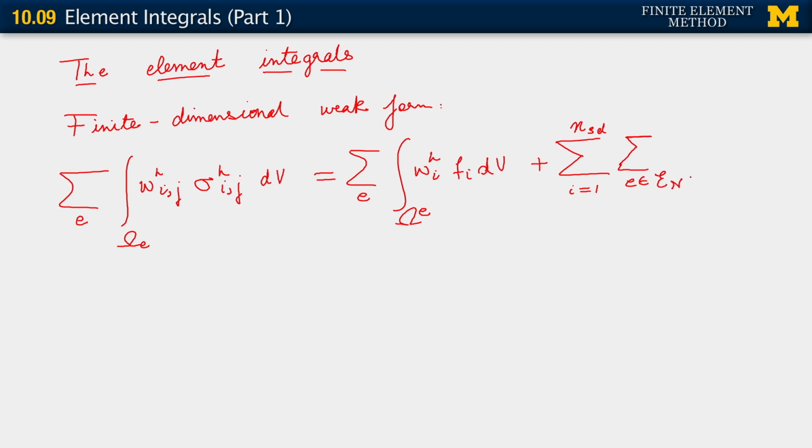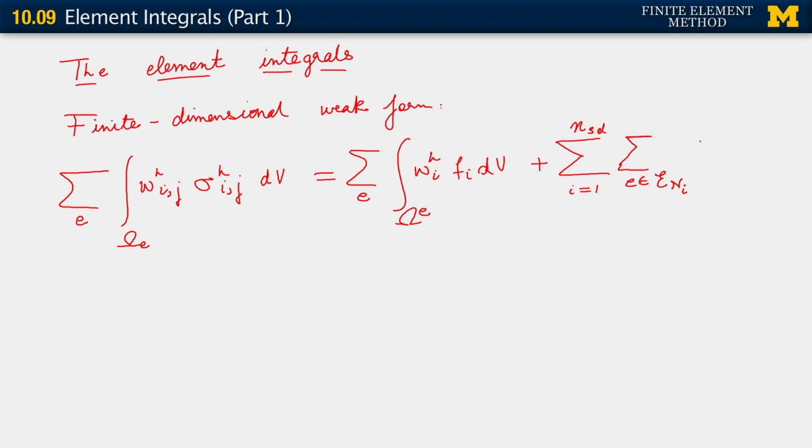Remember, E was a set of elements that had one of their boundaries coincide with a Neumann boundary. All very well, except that that too needs to be indexed by the spatial dimension, right? Because for each of the i's, i equals 1, 2, 3, we could have a different set of elements whose boundaries coincide with the Neumann boundary for that particular dimension, right?